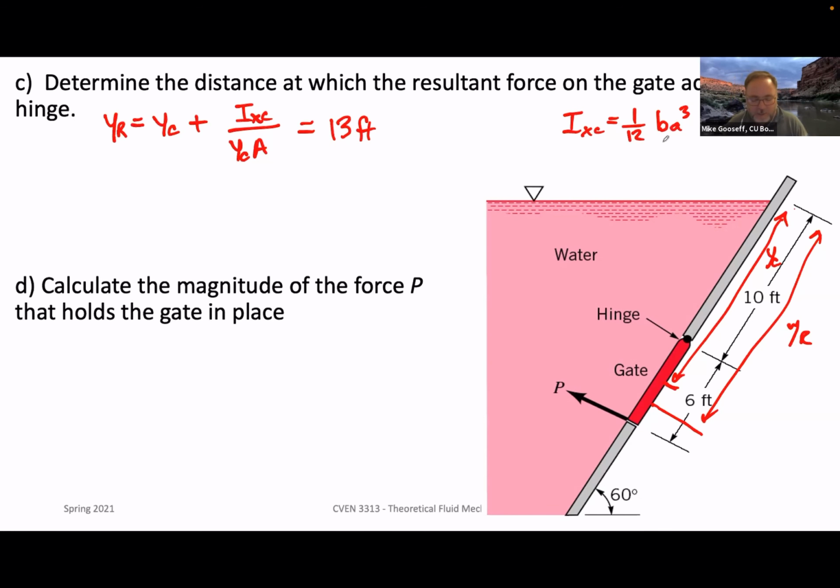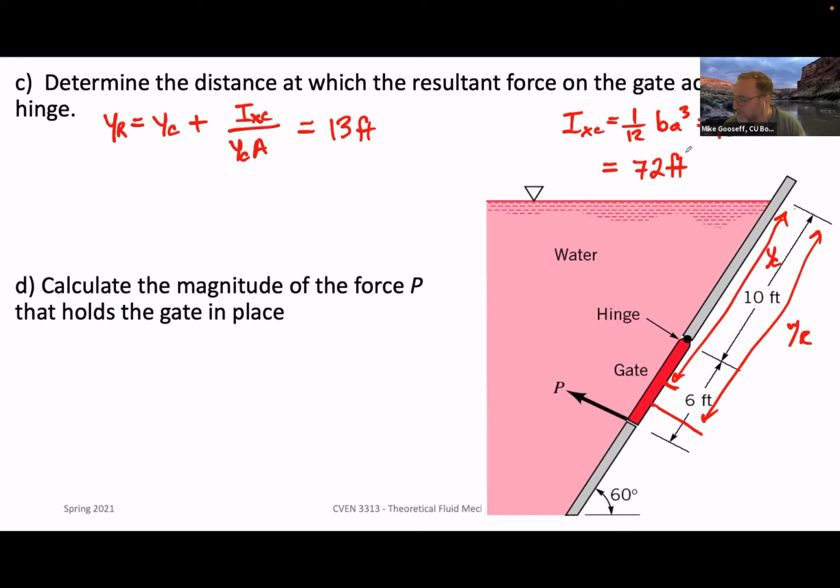B is the width of our rectangle, and a is the height. So this is going to be equal to 1/12 times 4 feet, multiplied by 6 feet, and that quantity cubed. So this is going to be equal to 72. We do this math.